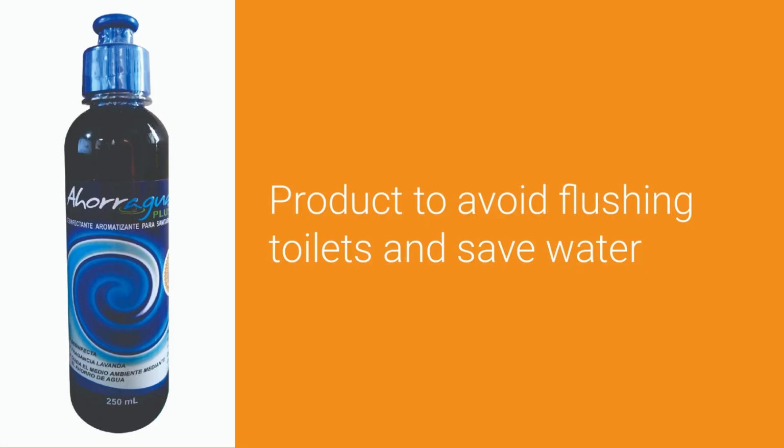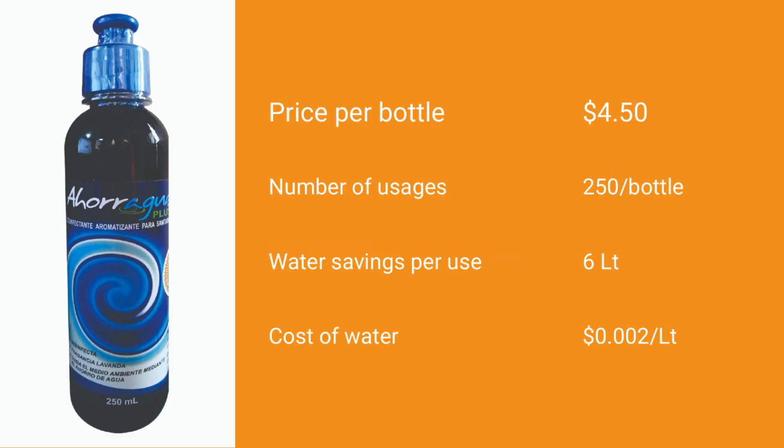A few years ago, a young man knocked on my door offering a water saving product, which, when applied to the toilet, would turn the water blue and give off a pleasant scent in order to avoid flushing and thus save water. Each bottle cost $4.50 and lasted for 250 uses.